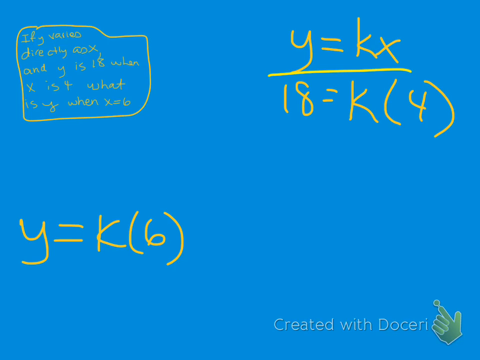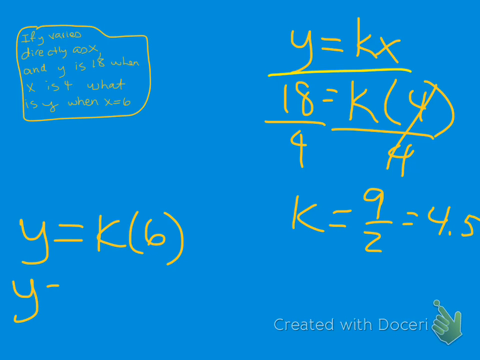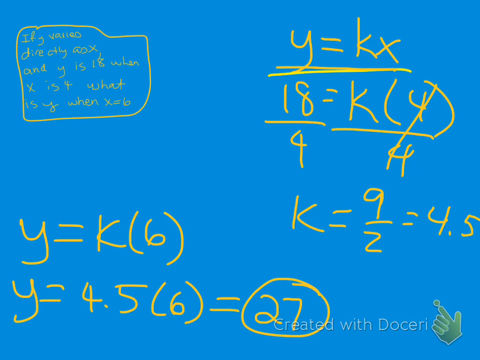So I'll solve for that k by dividing both sides by 4, and I'll reduce the fraction to 9 over 2, which makes 4.5. So in the place of that k, I'm going to put the 4.5. And now all I have to do is get my calculator out and multiply the 4.5 times the 6, and I got 27. And so that will be the y value when x is 6.